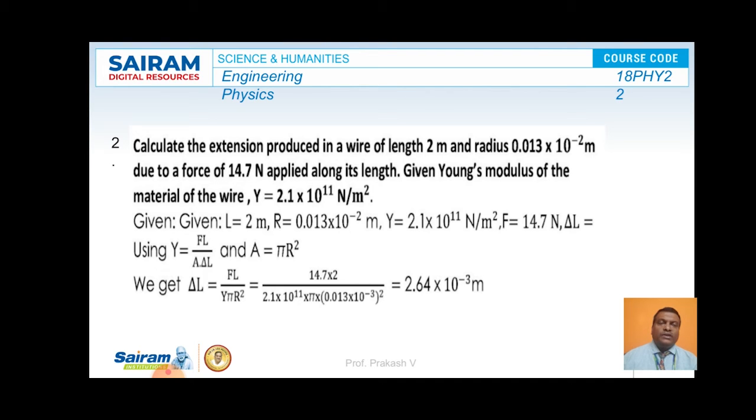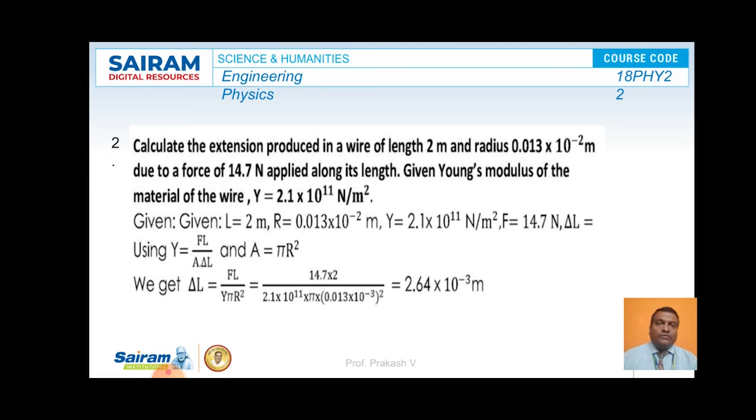So here the length of the wire, L, is equal to 2 meter, radius is 0.013 into 10 to the power of minus 2 meter, Young's modulus is 2.1 into 10 to the power of 11 Newton per meter square, and the force applied is 14.7 Newton. So we have to calculate delta L.